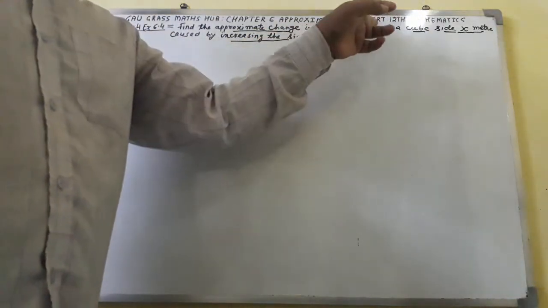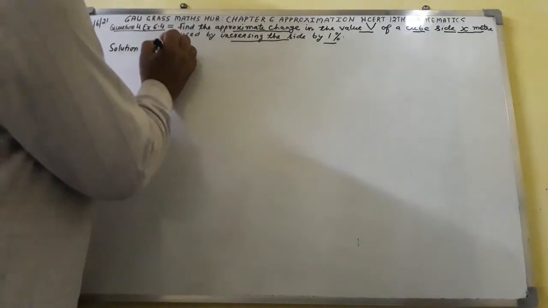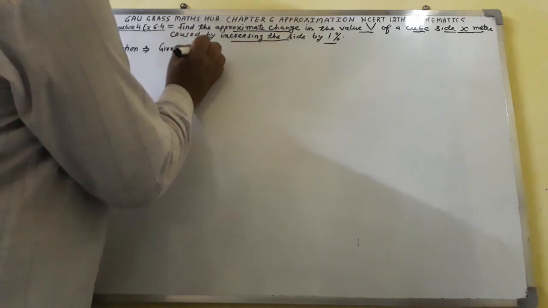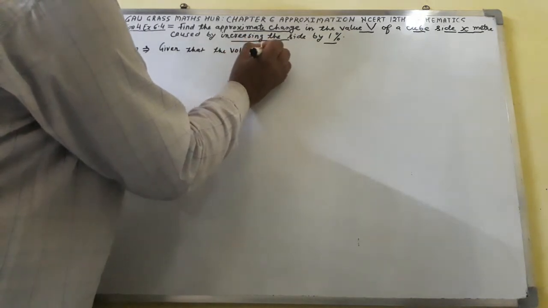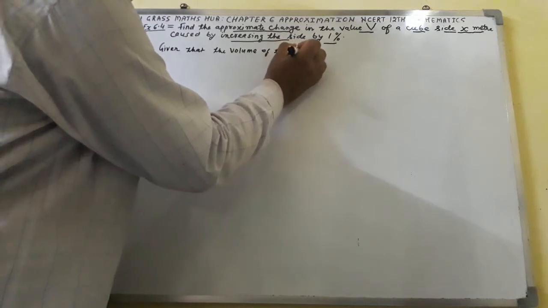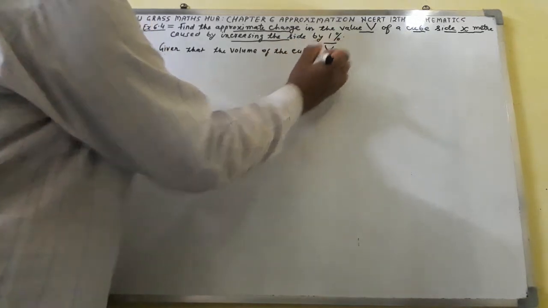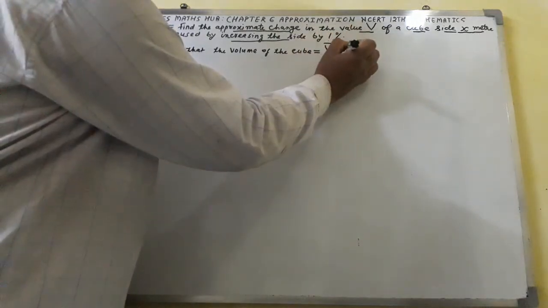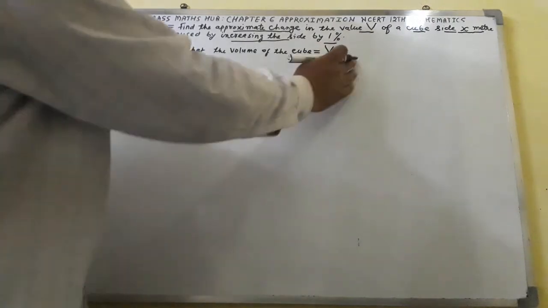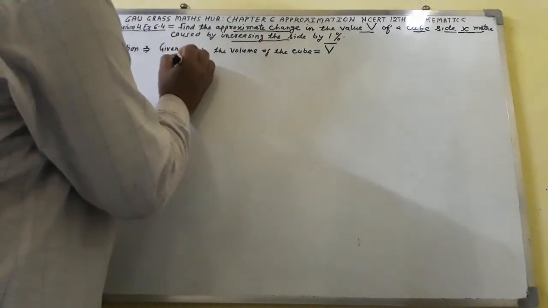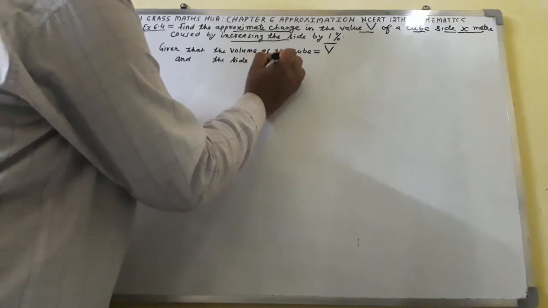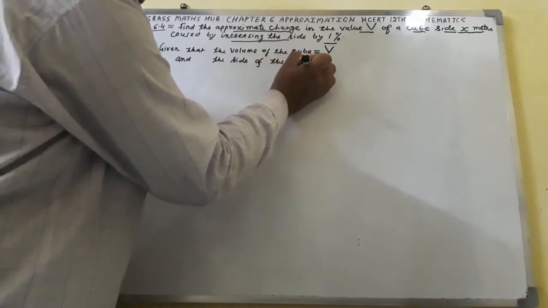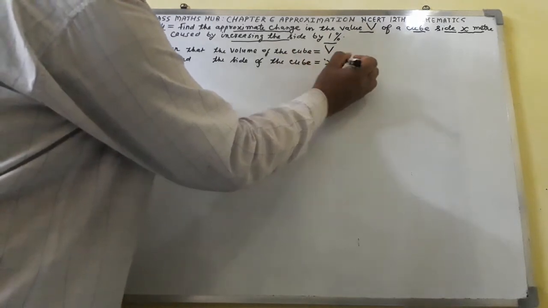Here you can see the volume of a cube. So I shall write, given that the volume of the cube is equal to capital V, and the side of the cube is equal to x meter.